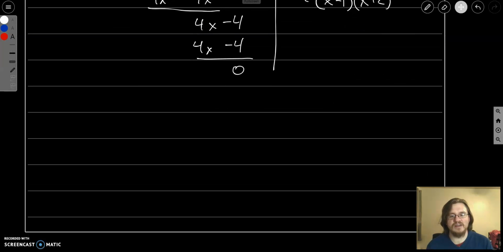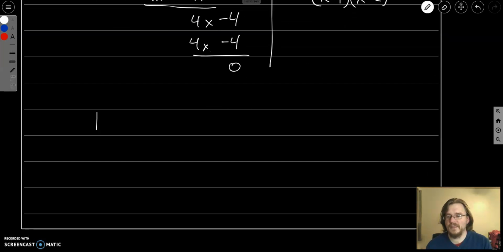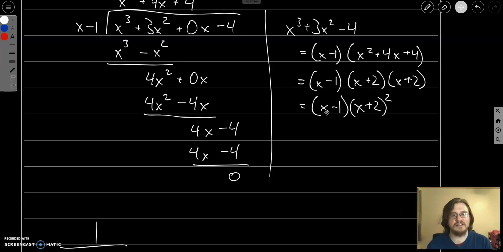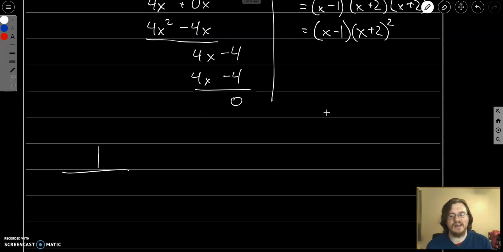Now I can write down my partial fraction decomposition. My original fraction was just 1 divided by this guy, x cubed plus 3x squared minus 4. But I know that I can factor that into this. And with my partial fractions, I have 3 factors on the bottom.